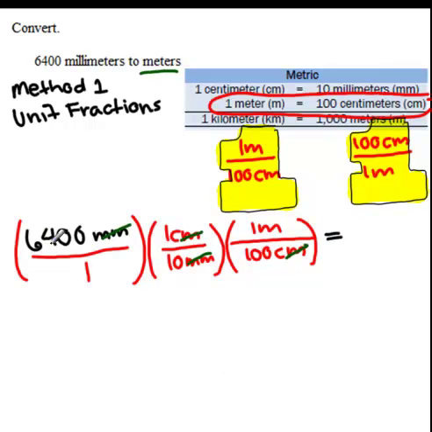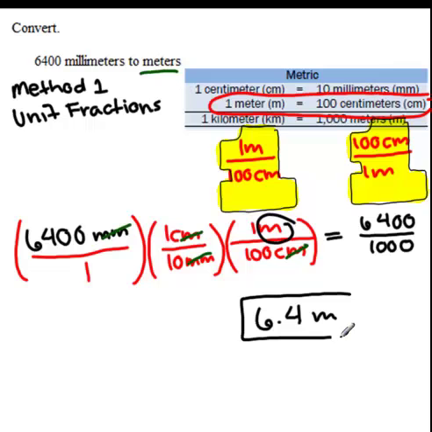I have 6,400 times 1 times 1, which is 6,400, over 1 times 10 times 100, which is 1,000. We'll go ahead and do that division, and we end up with 6.4, and our units are meters. And that's using method 1, which is unit fractions.